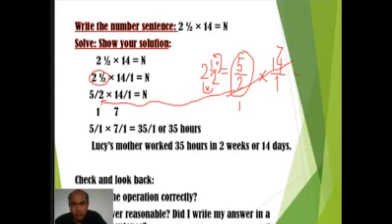What is left is that we have to multiply 7 and 5. So 5 times 7 will give us 35. Clear? So therefore, Lucy's mother worked 35 hours in 2 weeks or in 14 days. Hope you understand.